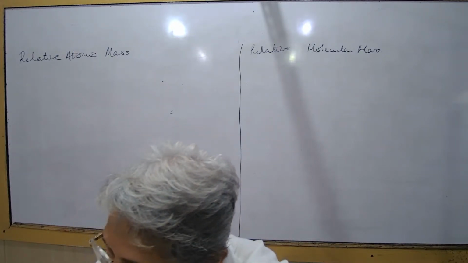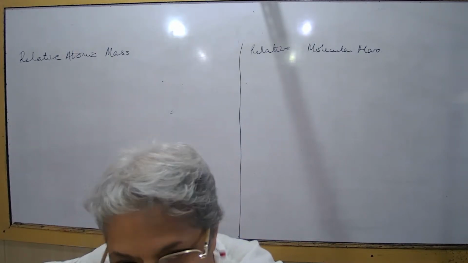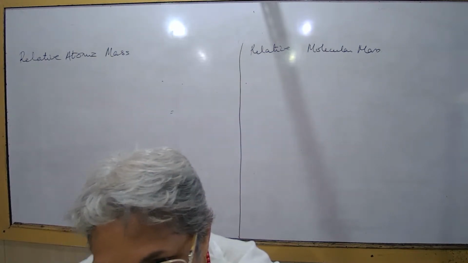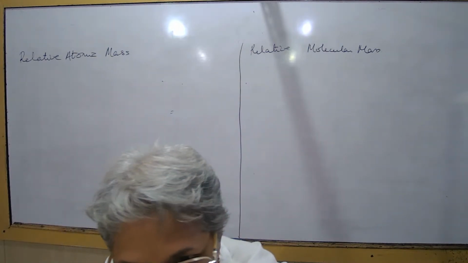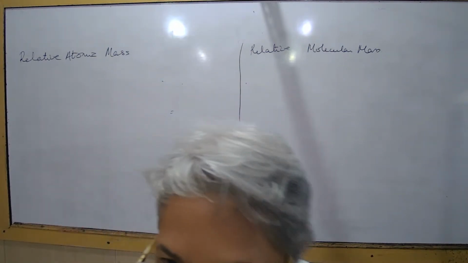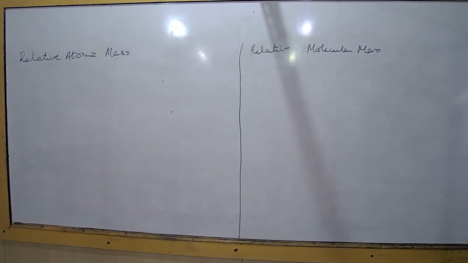Count the number of atoms here. Divide this weight by this number, and you'll get the weight of one atom. That is by relative. So what is relative atomic mass?